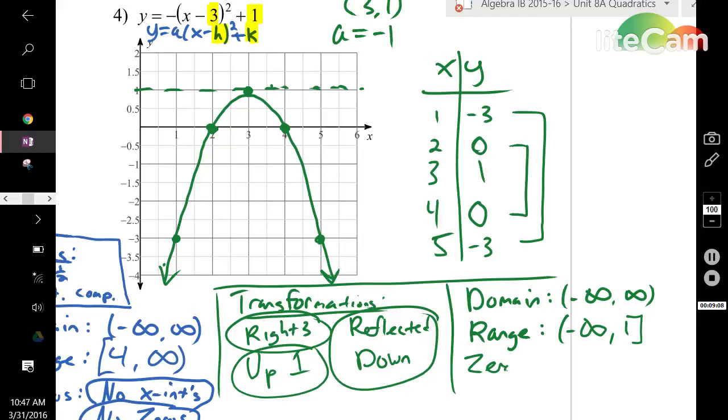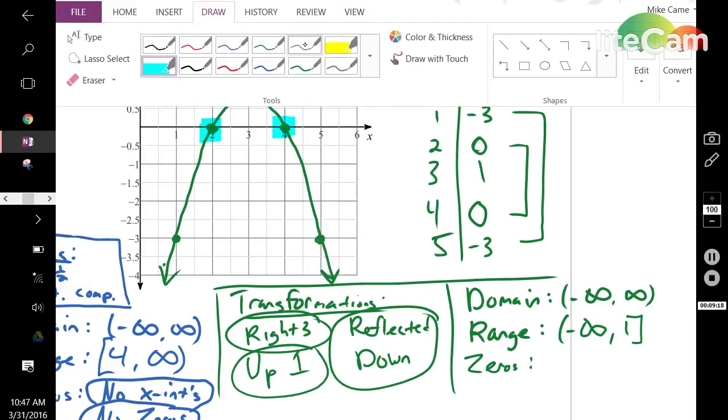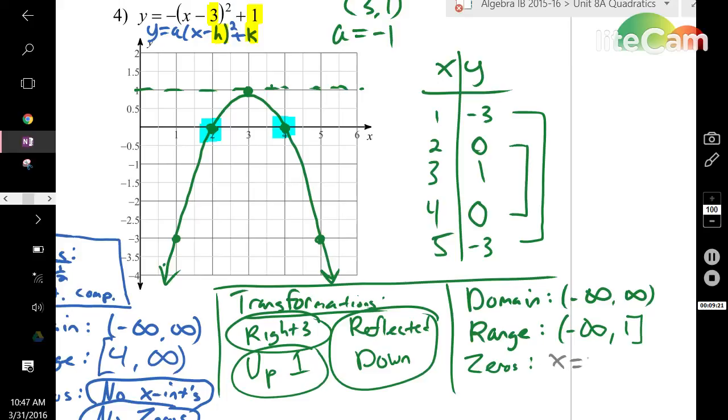Your zeros, there are 2 of them. I'm going to highlight them in blue. These 2 zeros are where the function crosses the x-axis. So that's at x equals 2 and x equals 4. And those are exact because they're points that I plotted on the actual graph. So the negative a value made the function flip downward.